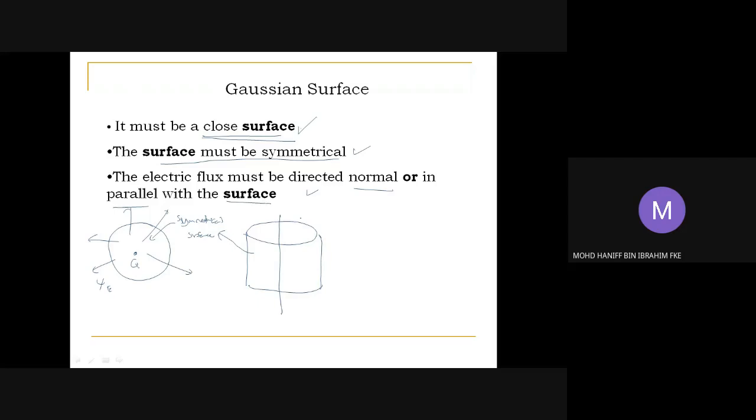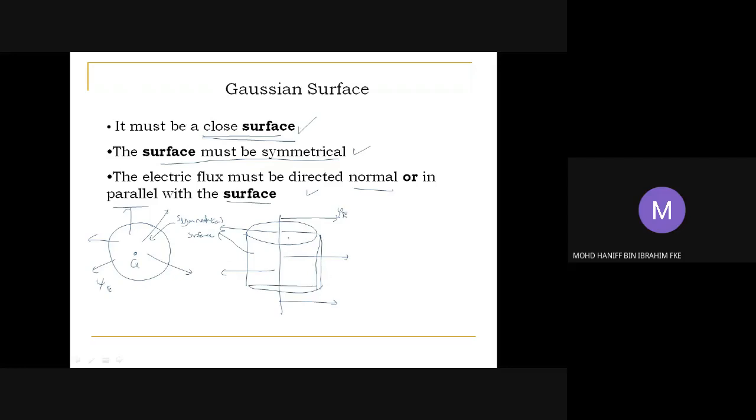Okay. And for the case of this cylindrical surface, the flux is in the radial direction. So that's your flux direction. It can be said that the flux is directed normal with regard to this curved surface, and parallel with regard to the top and the bottom surface.